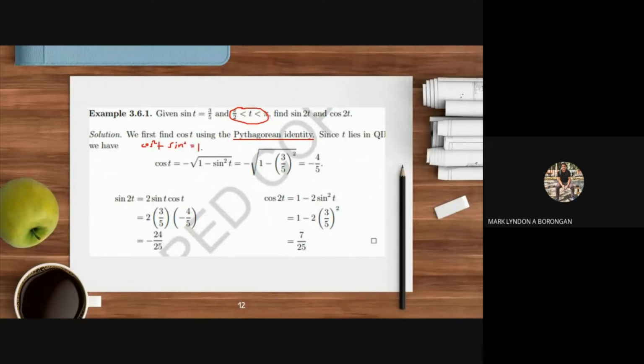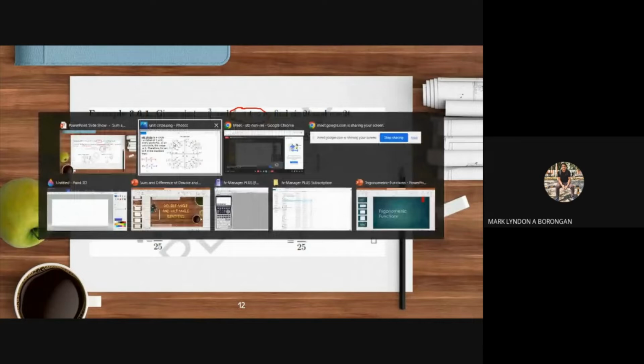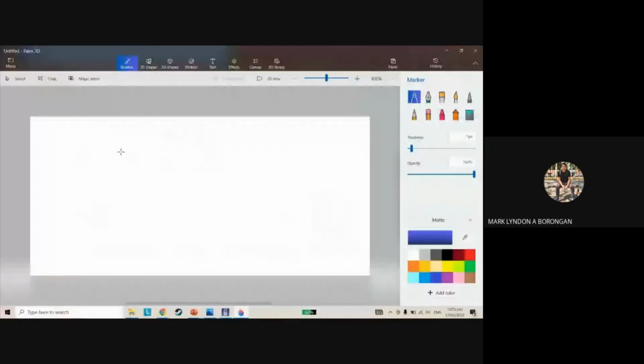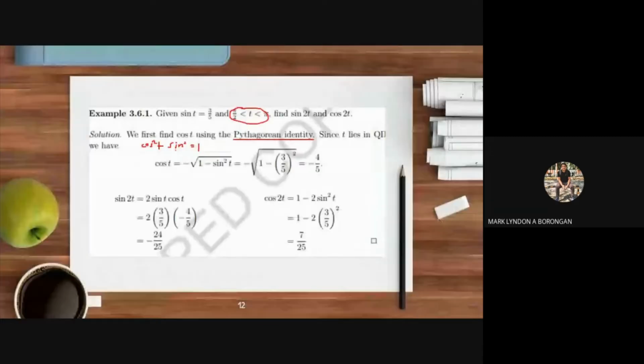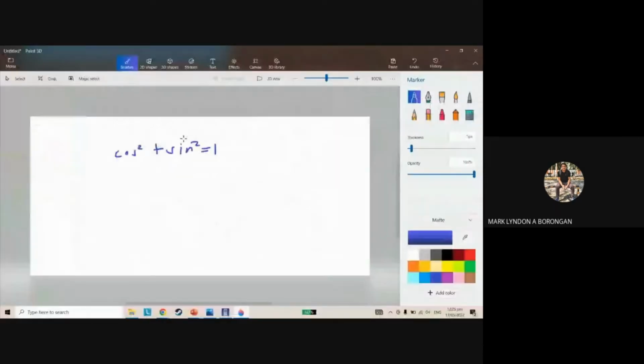Since what we are looking for is cosine of t, we will solve for cosine.